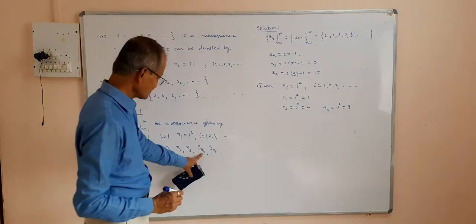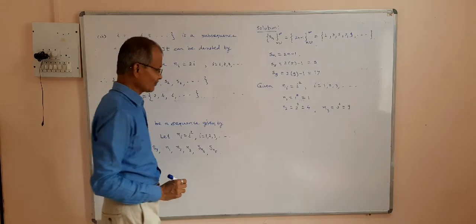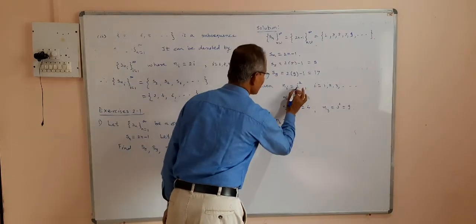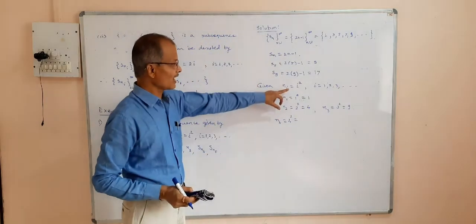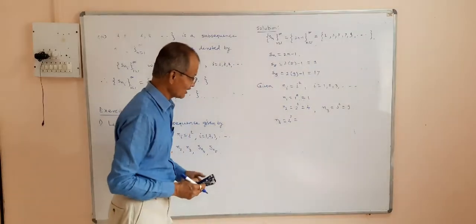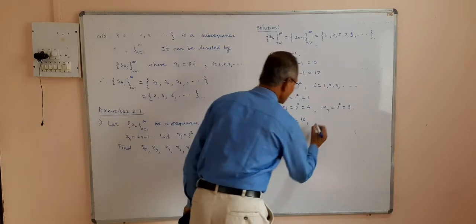For that we first find n4 and n5, then we will find S_{n4} and S_{n5}. What is n4? By this, it is 4 squared. We have to use the respective definitions: for n_i it is i squared, and for S_n it is 2n minus 1. n4 is 4 squared, which is 16. What is n5?